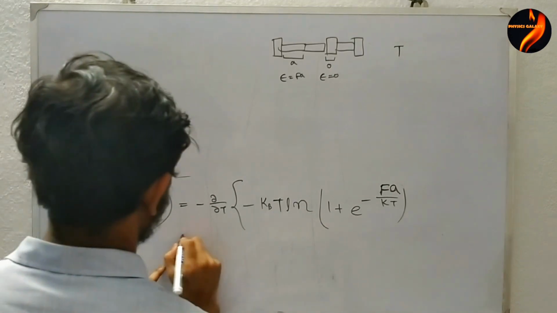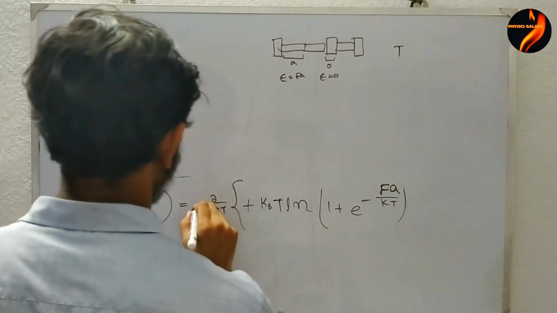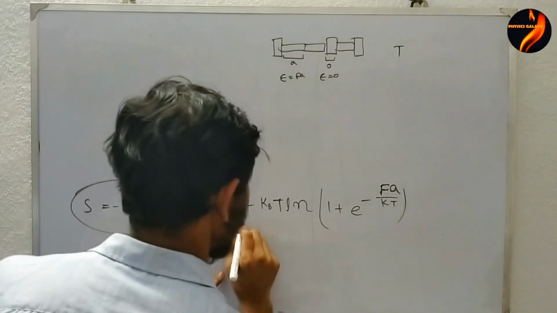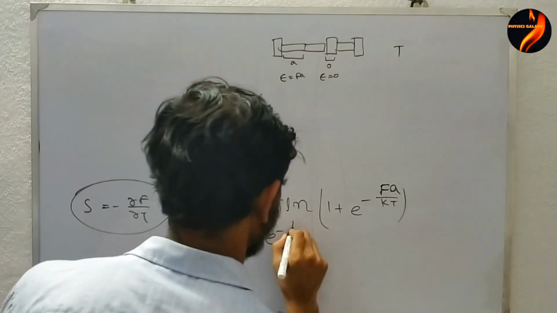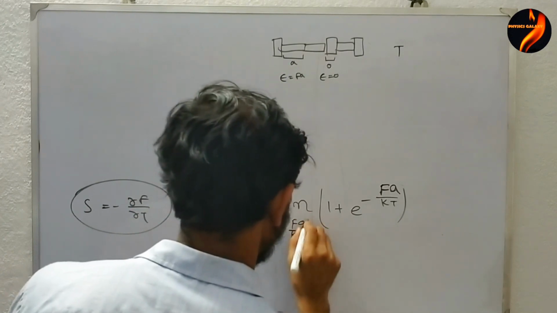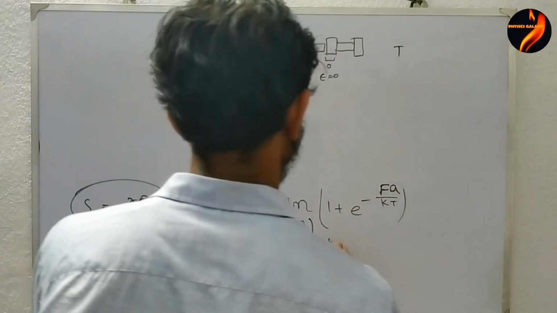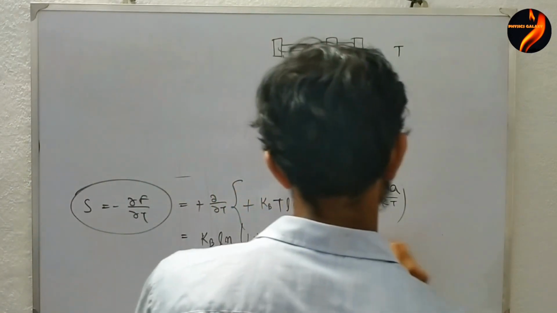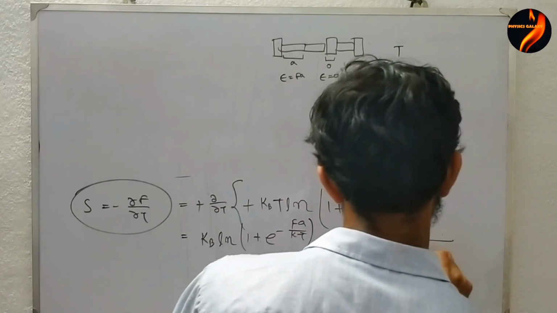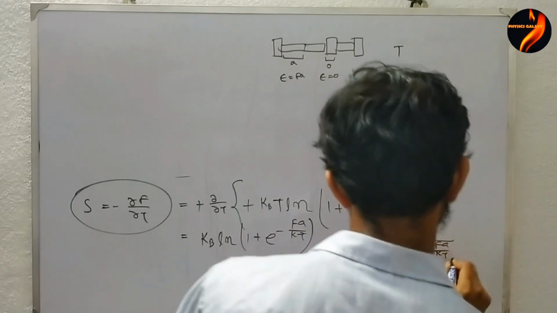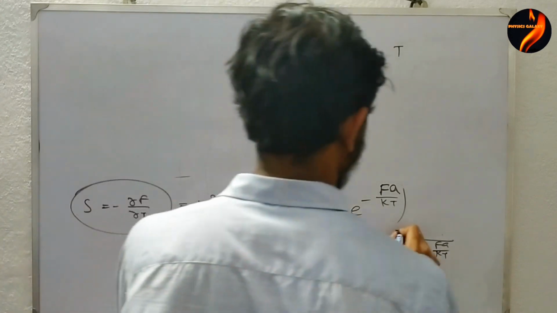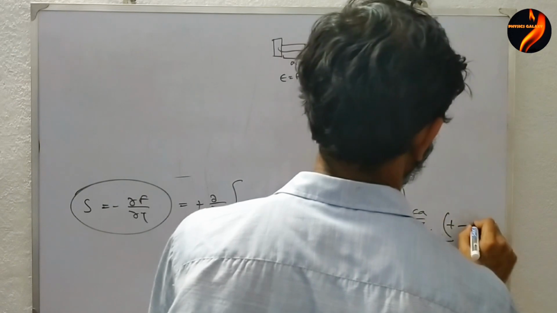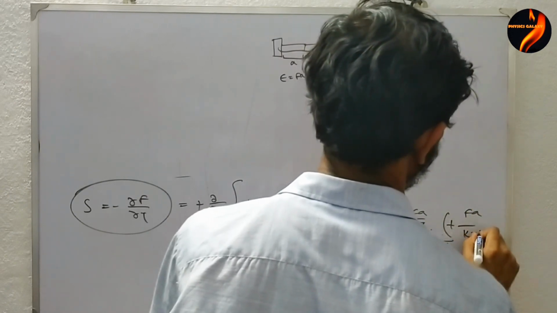So this will be plus kB ln of 1 plus e to the power minus Fa by kT, plus kBT times 1 plus e to the power minus Fa by kT into e to the power minus Fa by kT times Fa by kT square.